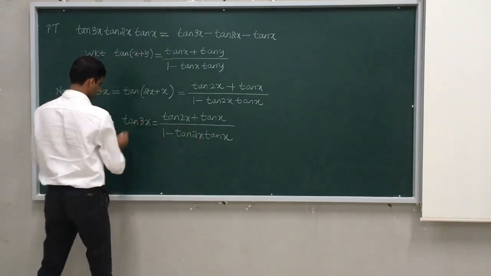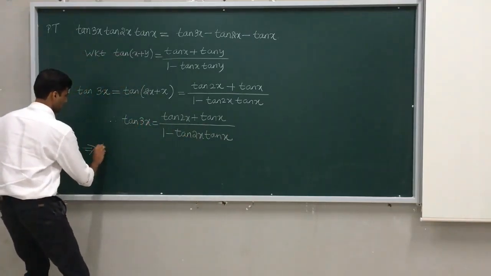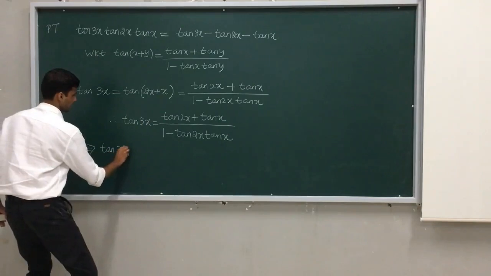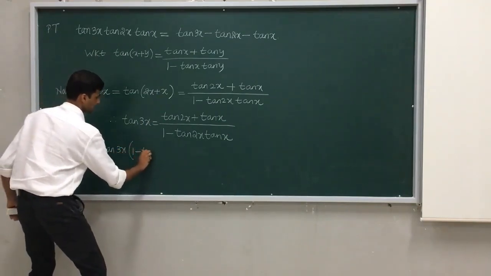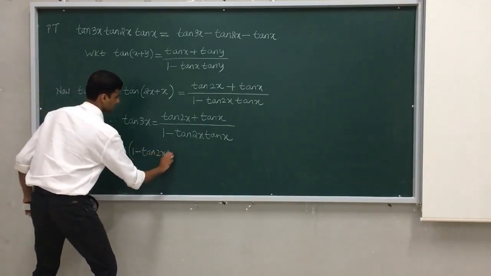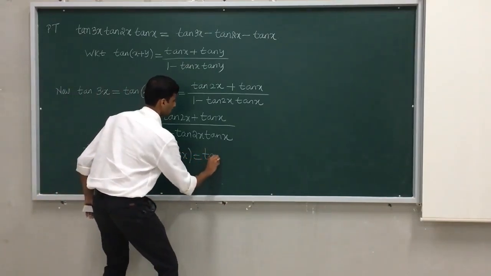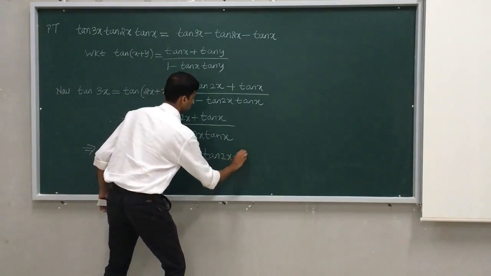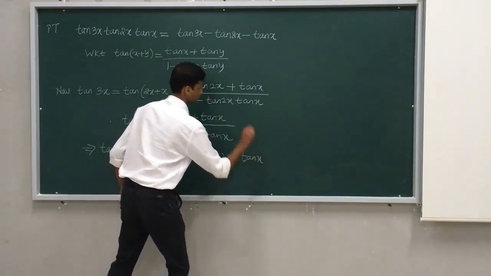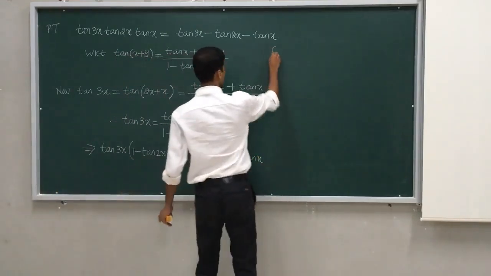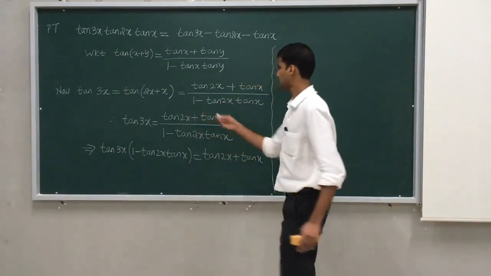Let me cross multiply this particular quantity. You will get tan 3x times 1 minus tan 2x into tan x is equal to tan 2x plus tan x. Right? I will multiply tan 3x.